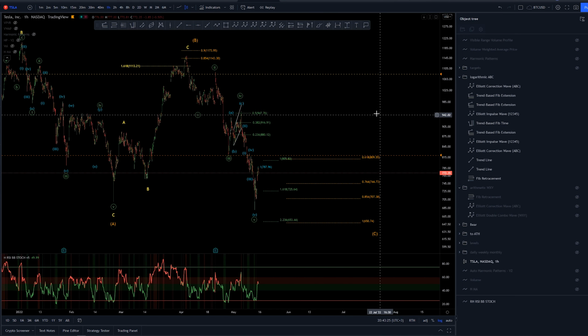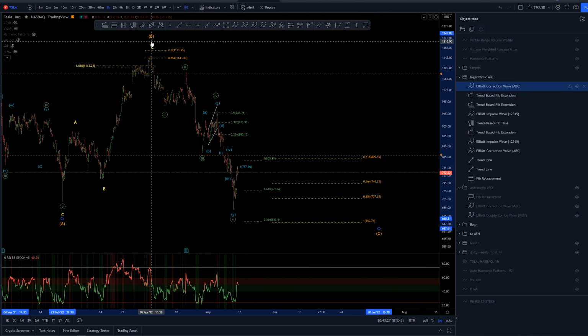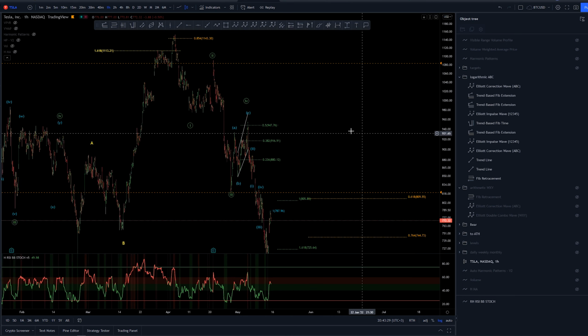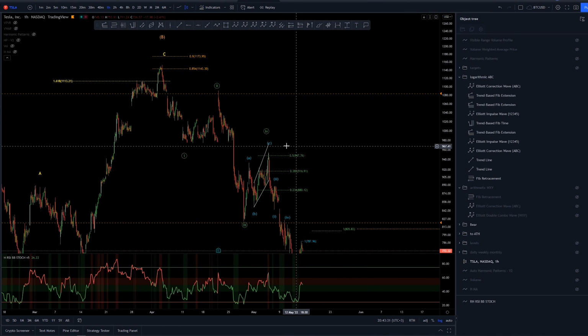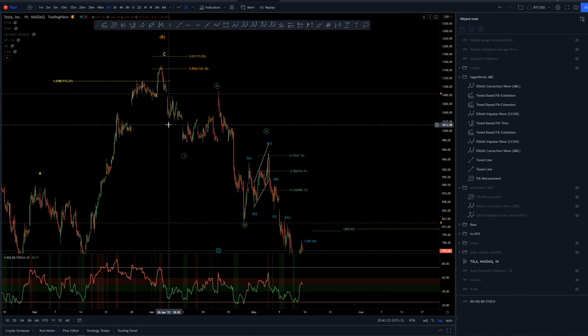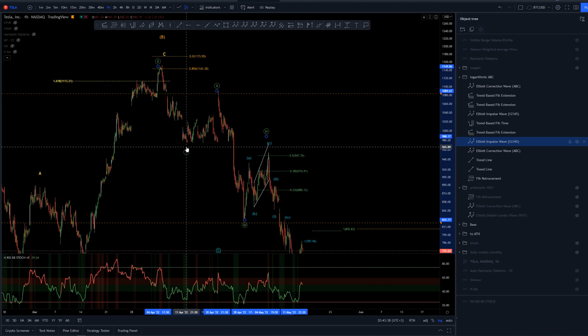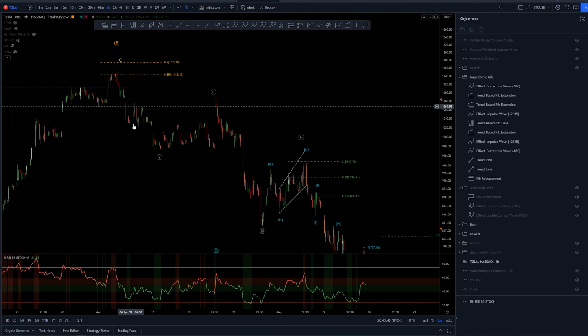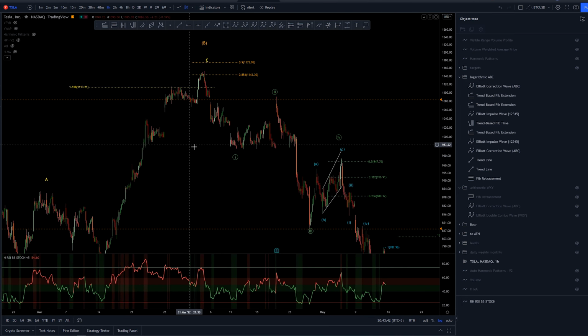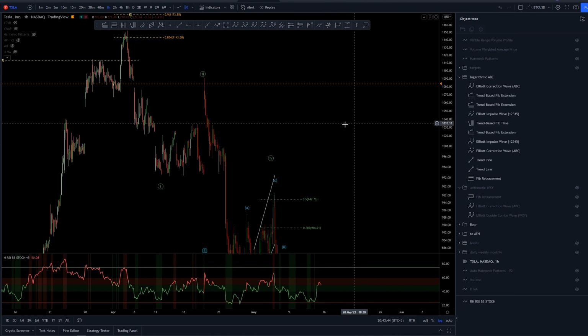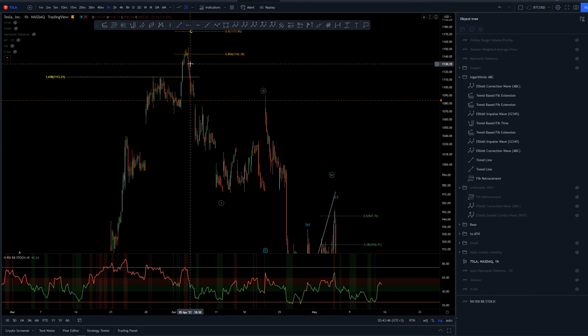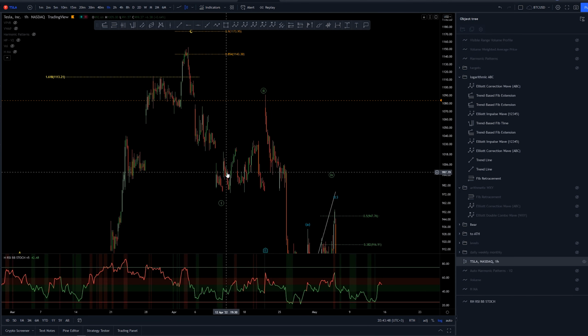So how are we going to label this? Again, stocks are not as clear as something that is 24/7, so I'm thinking of this as a 5-wave structure. This first leg here, wherever it ends, is not clear, and this so-called 5-wave structure is not clear either.